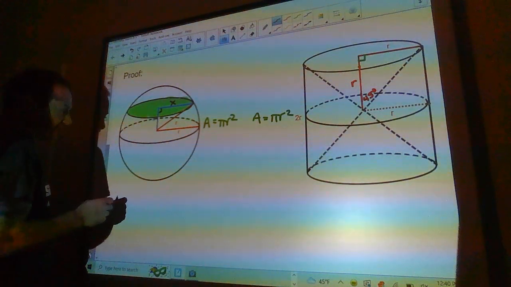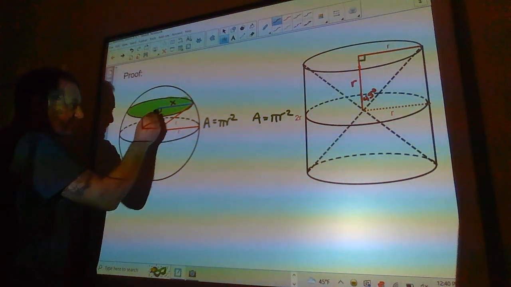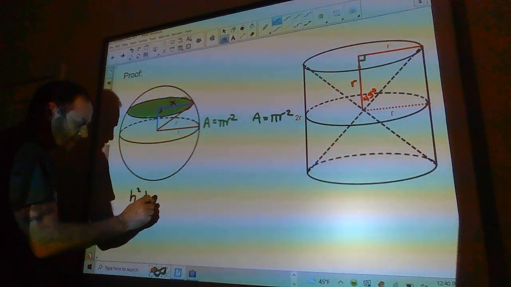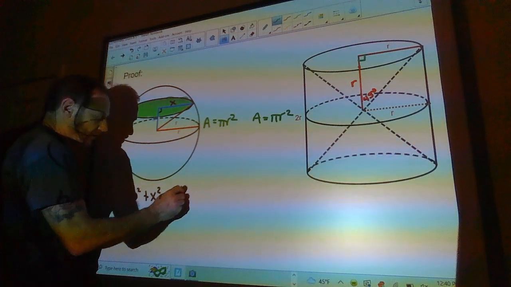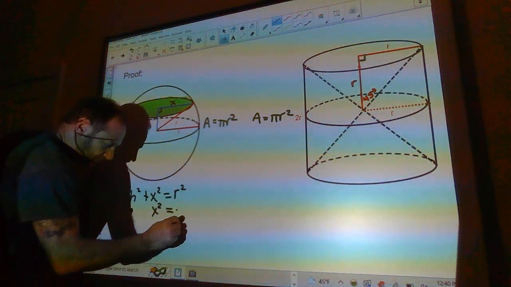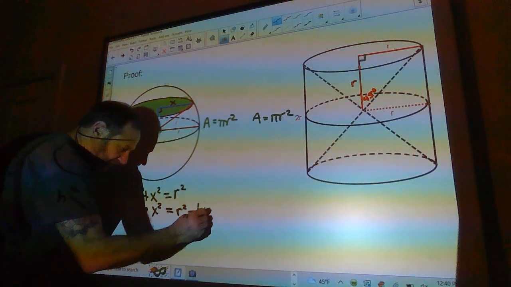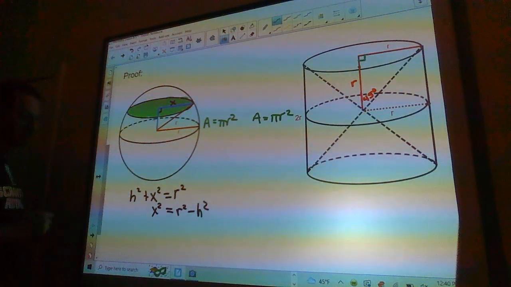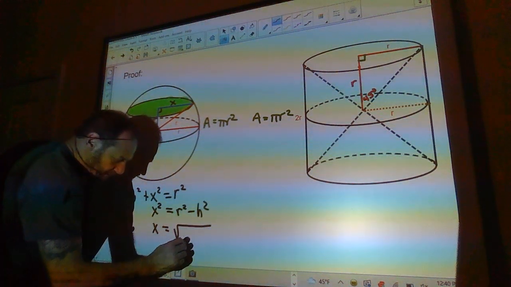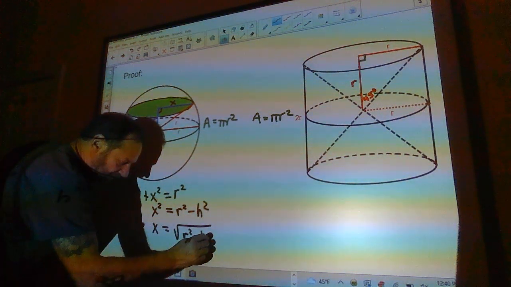So I'm going to use the Pythagorean theorem, and that's going to tell me that the leg squared plus the leg squared equals the hypotenuse squared. So h squared plus x squared equals r squared. That tells me that x squared equals r squared minus h squared when I subtracted the h from both sides. And that tells me that x is going to be the square root of r squared minus h squared.